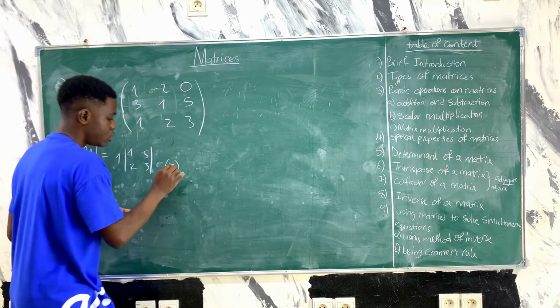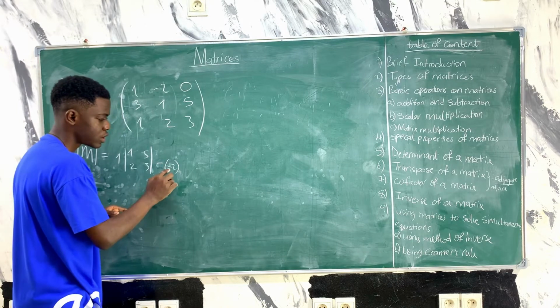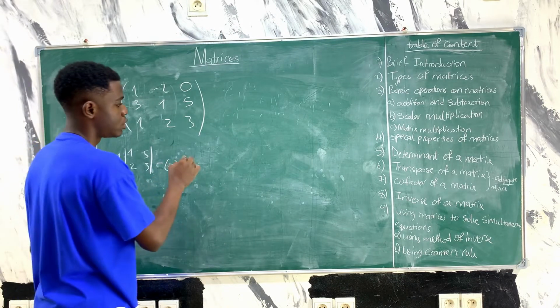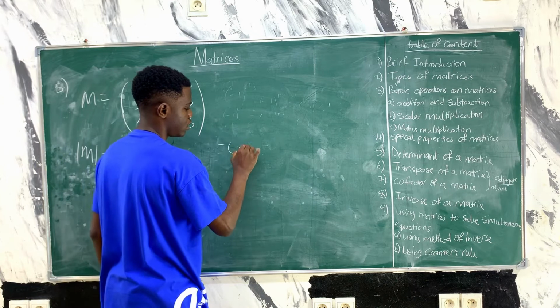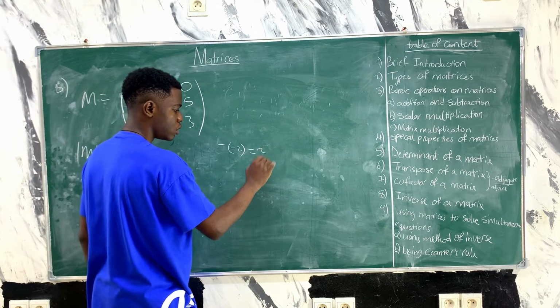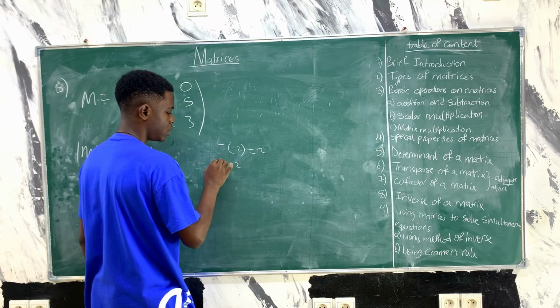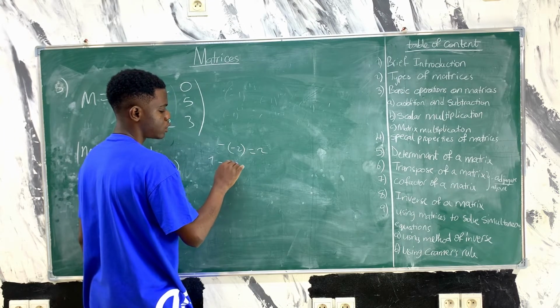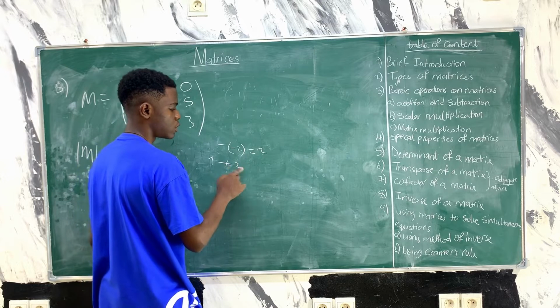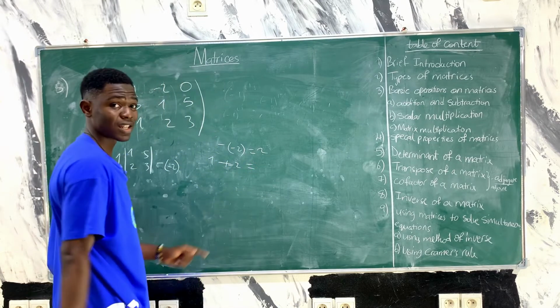Since it is minus, you put your minus, minus 2. So when minus crosses minus, it becomes plus. So if you have this, it becomes 2. Same as if you have 1 minus minus 2 without the bracket, it becomes plus. That's the answer.